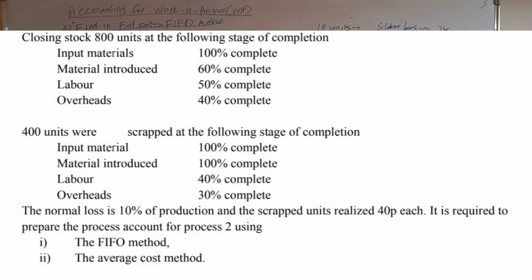Now, further information. The normal loss is 10% of production, and the scrap units realized 40 coins each. When the waste was sold, they were sold in terms of scrap.